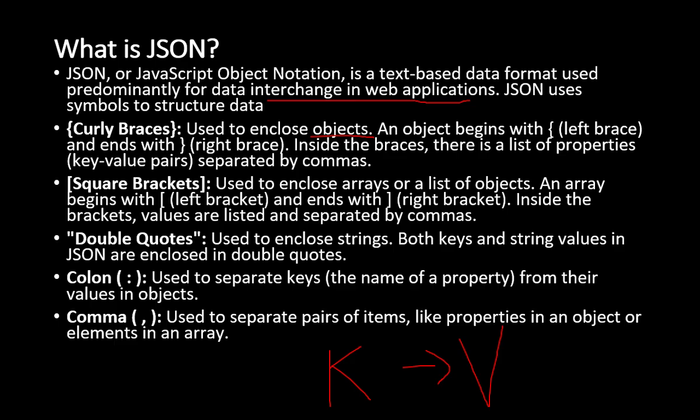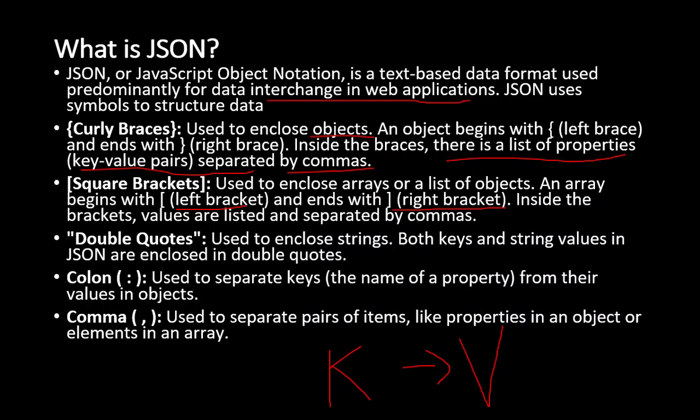Inside the braces there is a list of properties, that is key value pairs separated by commas. Now coming to square brackets, square brackets are used to enclose arrays or a list of objects. An array begins with a left bracket and ends with a right square bracket.